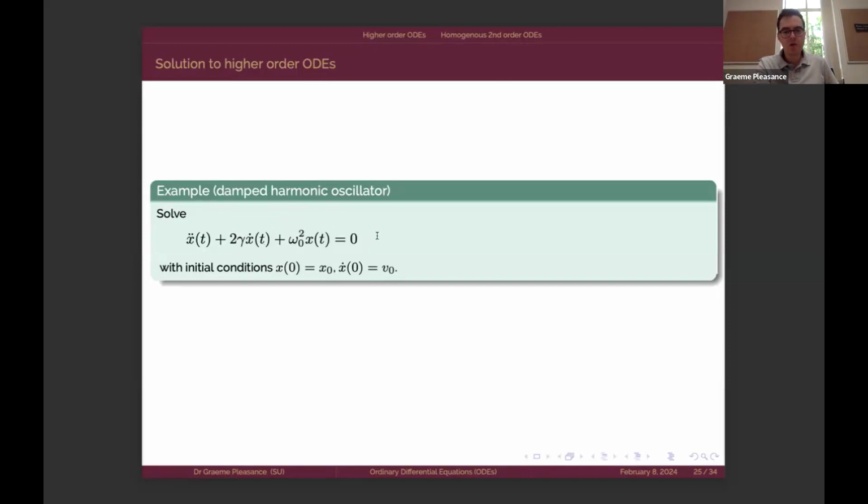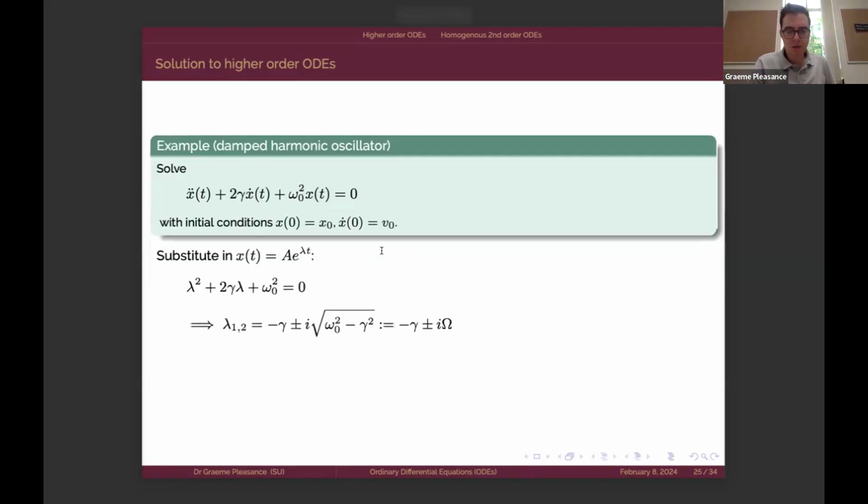What we want to do is solve this equation with these initial conditions. We say that the initial position of our pendulum is x naught, and the first derivative of x at t equals 0 is v naught. I call this v naught because this corresponds to the speed of the pendulum at t equals 0.